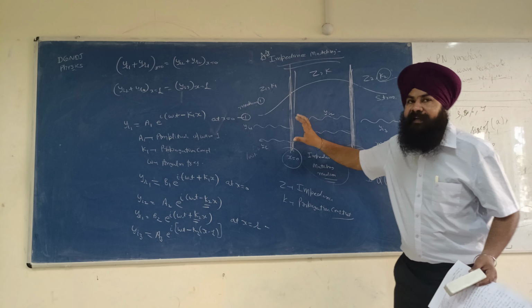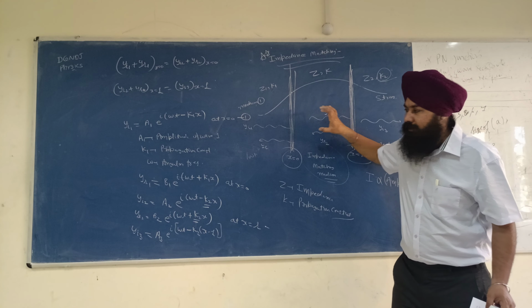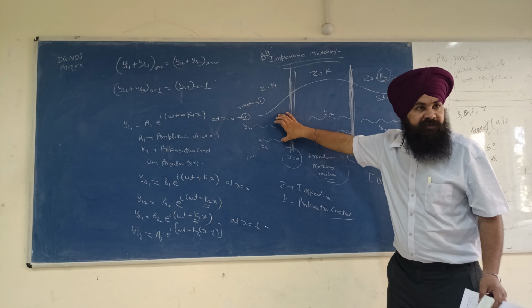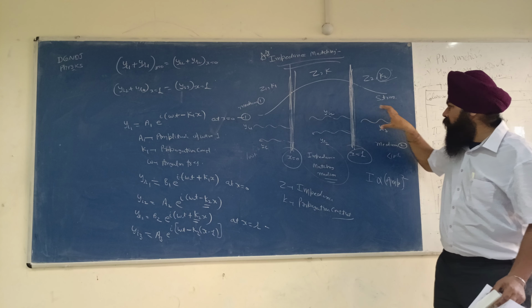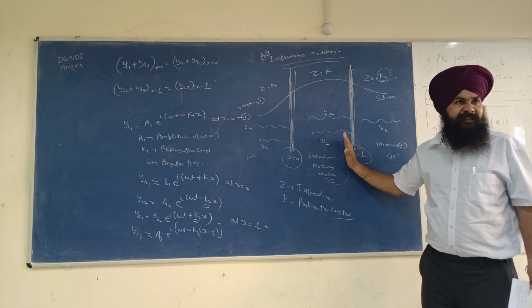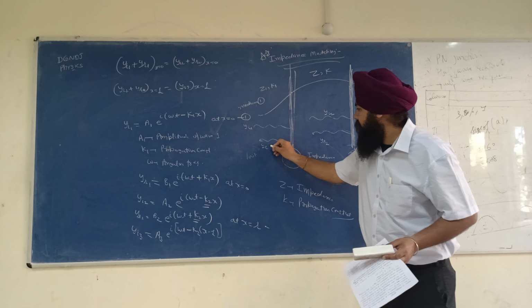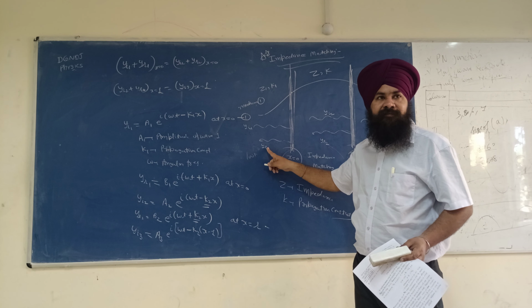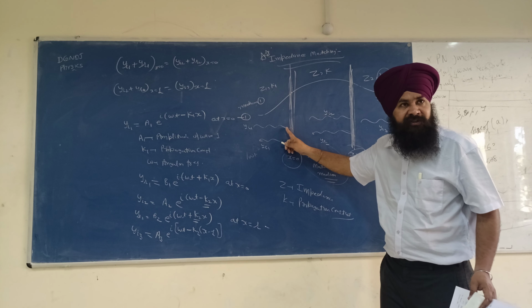Okay, just note down. This is equal to these two at x is equal to 0, and this is equal to this at x is equal to L. Are you getting this point? yi1 and yr1 is equal to yi2 and yr2 at x is equal to 0.